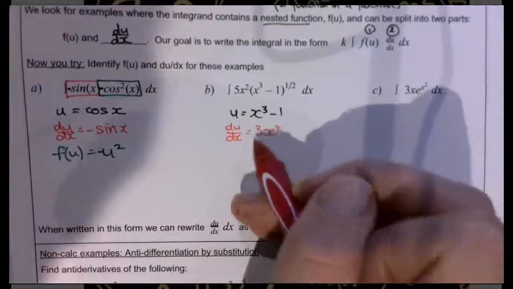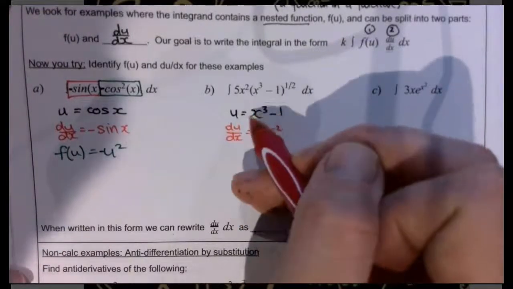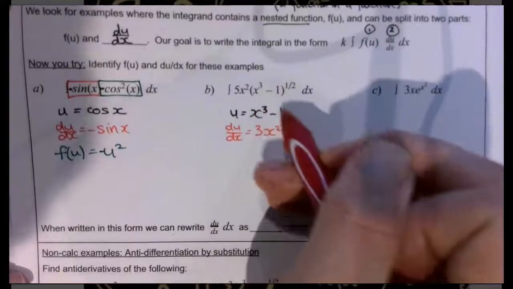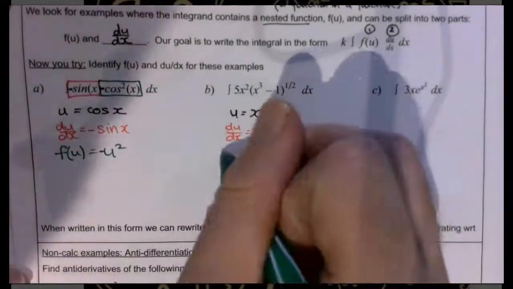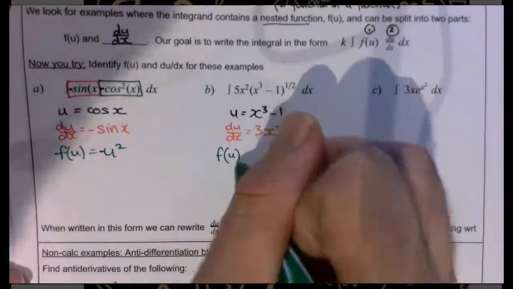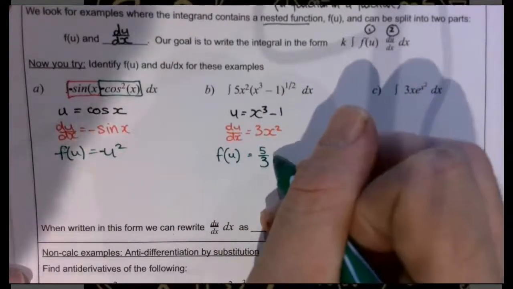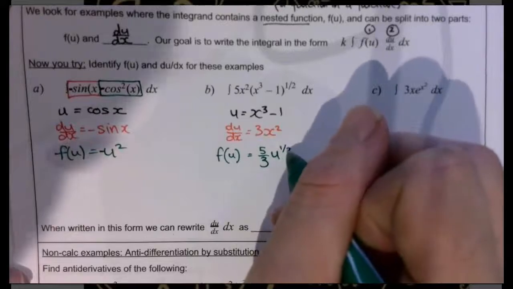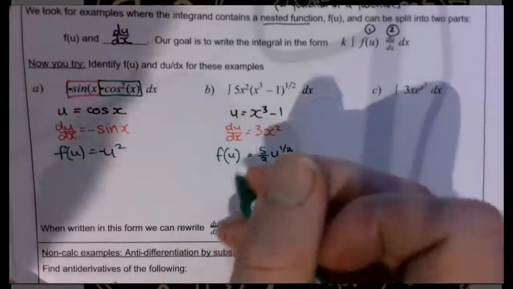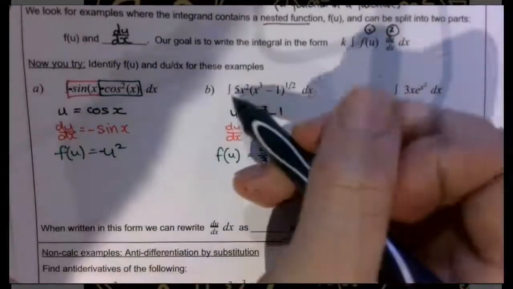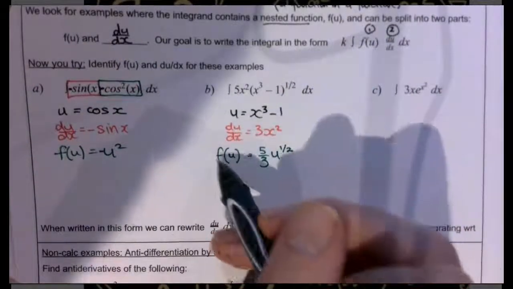So we've almost got du by dx times a function of u, which is what we're looking for. But in order to make it work, I just need to balance the constants a little bit, like the last one. So if I write the function as 5/3 u to the power a half, then this is the same thing as du by dx times f of u.